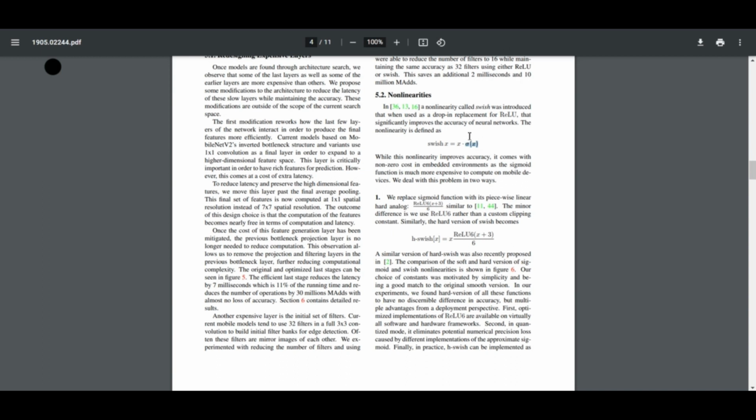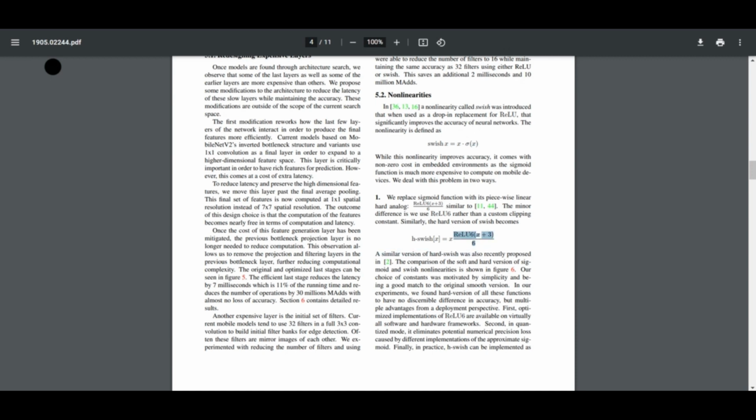So they were trying to introduce a hard swish, which replaces the sigmoid function with a piecewise linear hard analog. So this is how it's represented. If you were using swish, essentially we would do x times a sigmoid function from PyTorch, where you throw the input inside there. So this is how you would do it, but now we need to implement it this way.